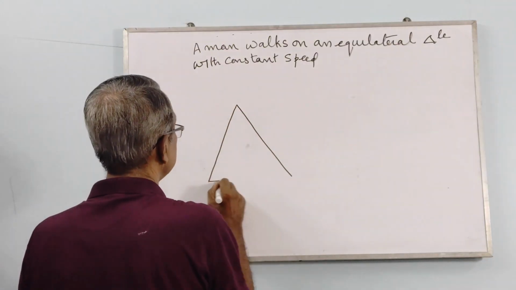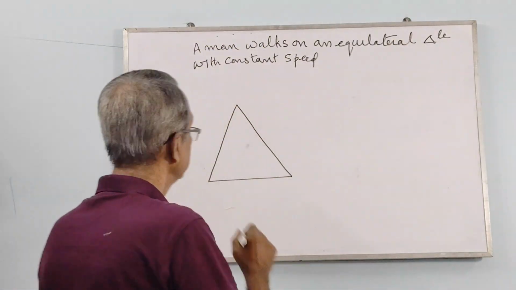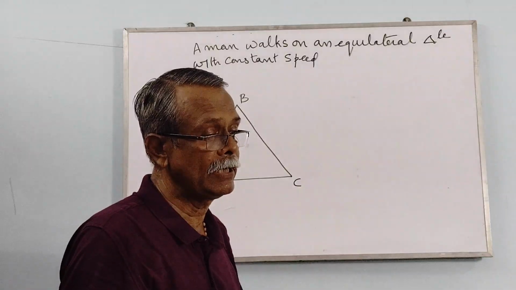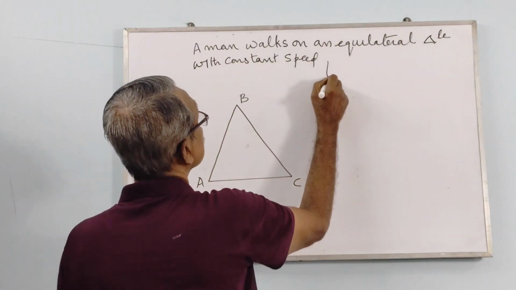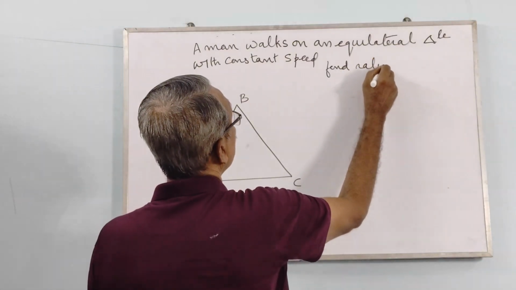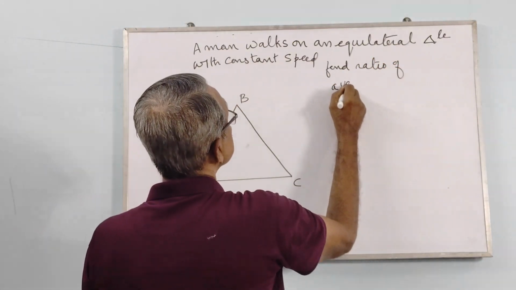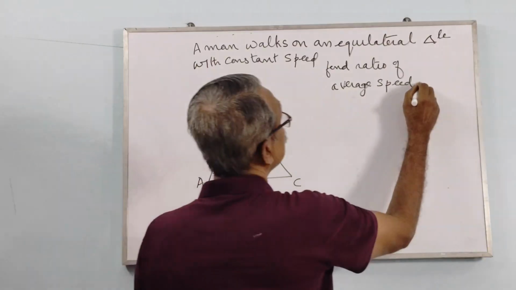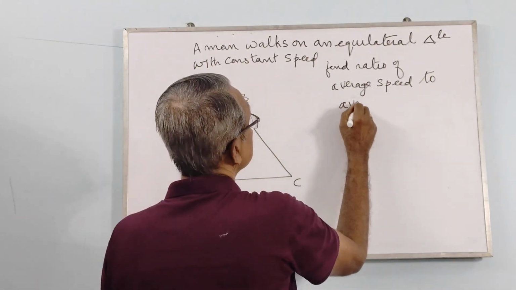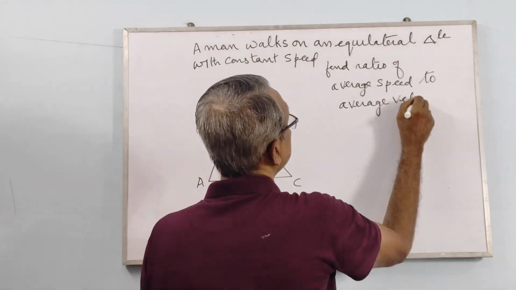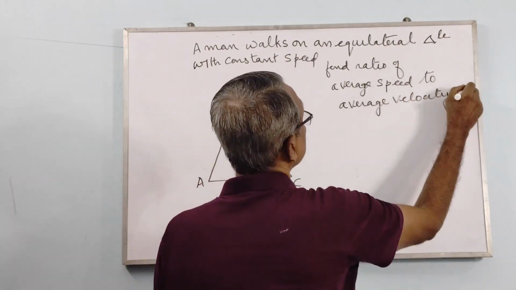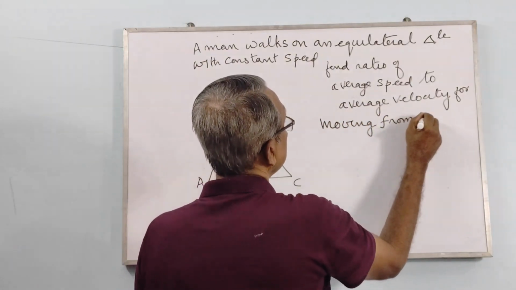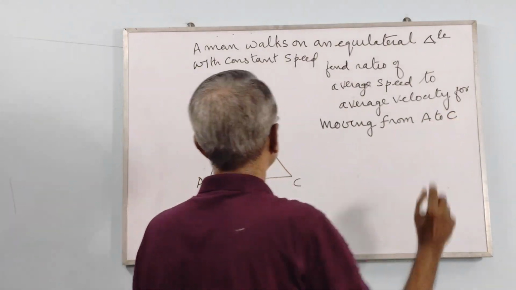This is the equilateral triangle, all sides are the same, and you call this point A, this point B, and this point C. Find the ratio of average speed to average velocity for moving from A to C.